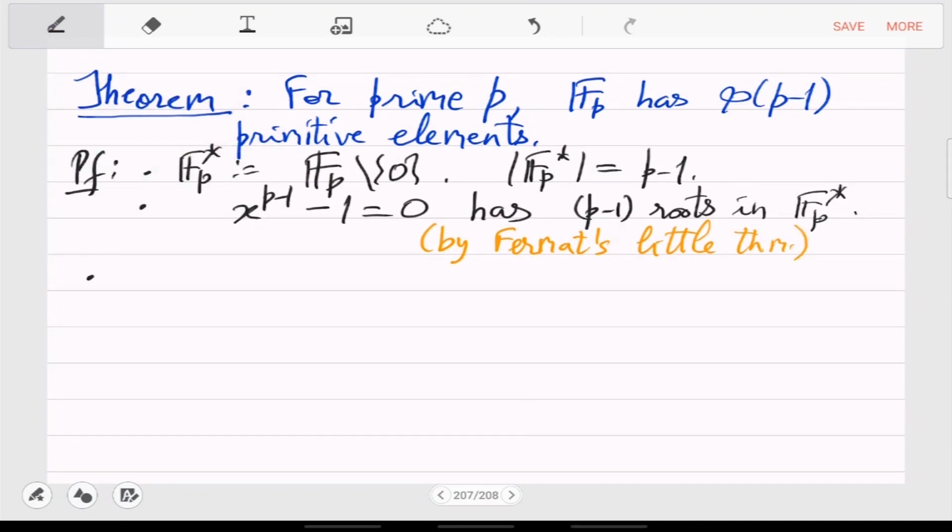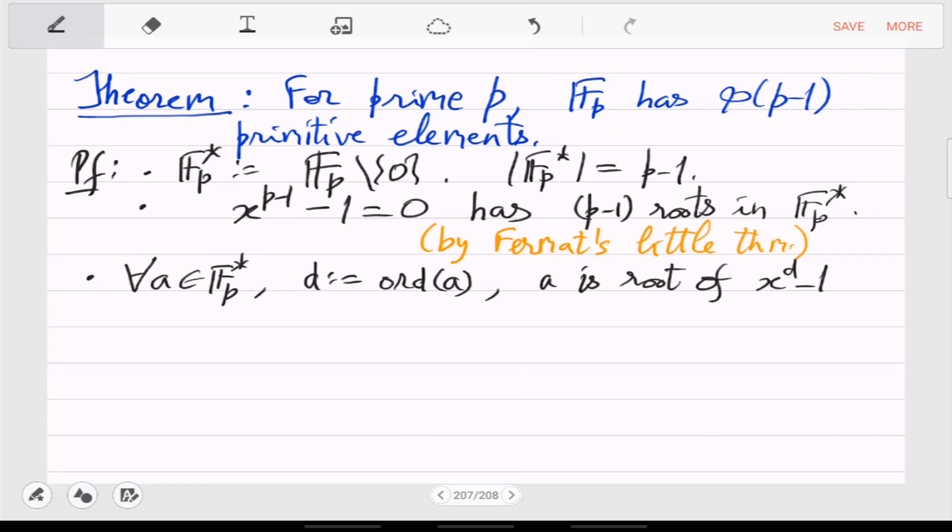If you take any element A in Fp star, and you take D to be the order of the element, then A is a root of x to the D minus 1 equal to 0. Right, this is obviously the definition of order, and D divides p minus 1. Right, so that is our setting.